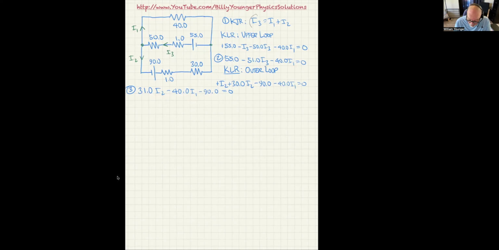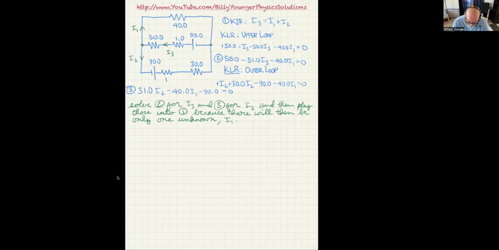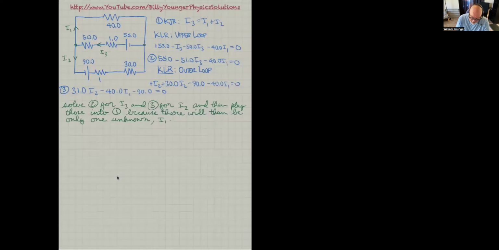We can put those currents in equation 1 as we show here, and then we'll only have one unknown and we'll be off to the races. So solve 2 for I3 and 3 for I2, and then plug those into equation 1 because there will then be only one unknown. So that's me just restating it.